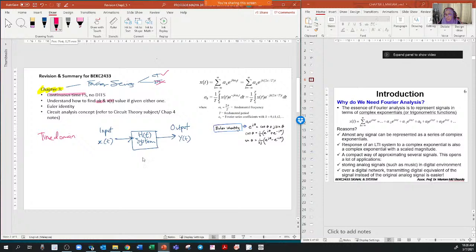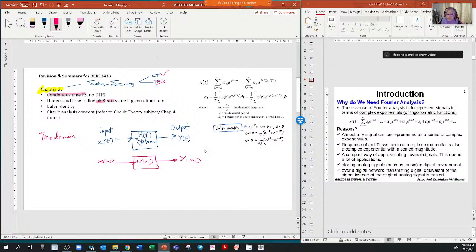What you learn in Fourier series and Fourier transform is that you are using the frequency domain. You are using H omega, the frequency domain. It looks something like this: X omega, Y omega.